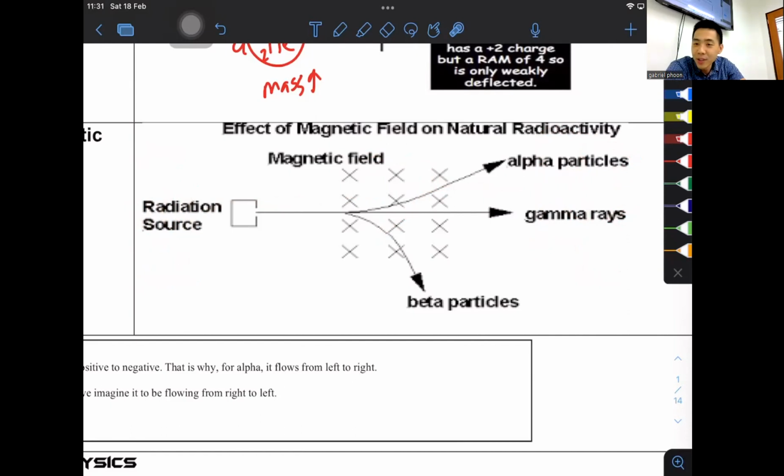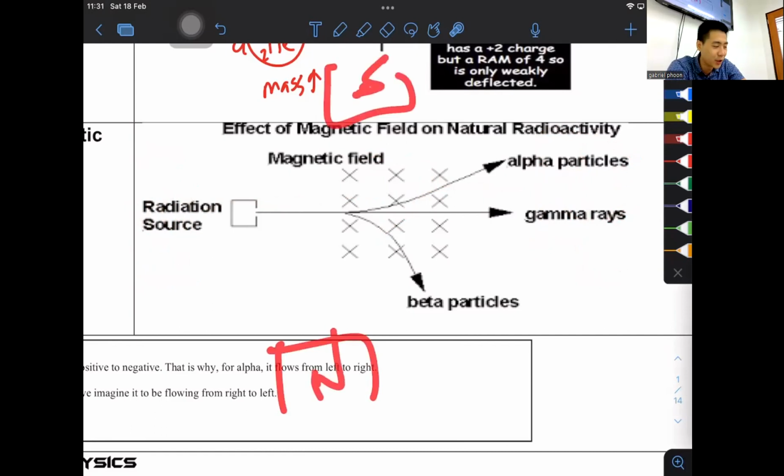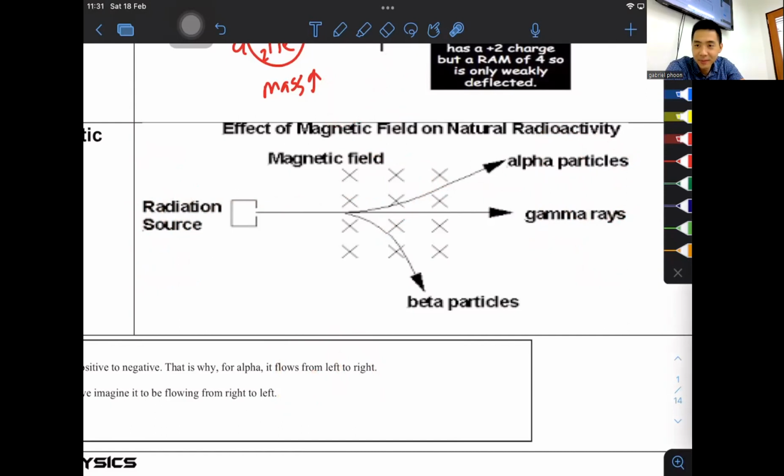N should be downwards and south should be outwards, like this and this. Is this what you're trying to say, Rajdeep? South is coming out of the paper. No, not exactly the answer that I'm looking for.